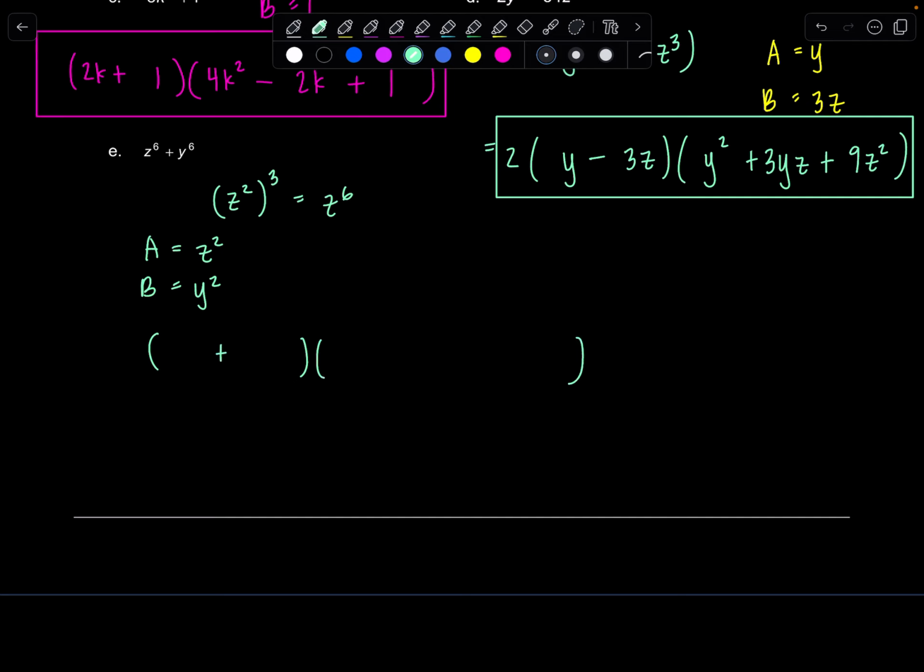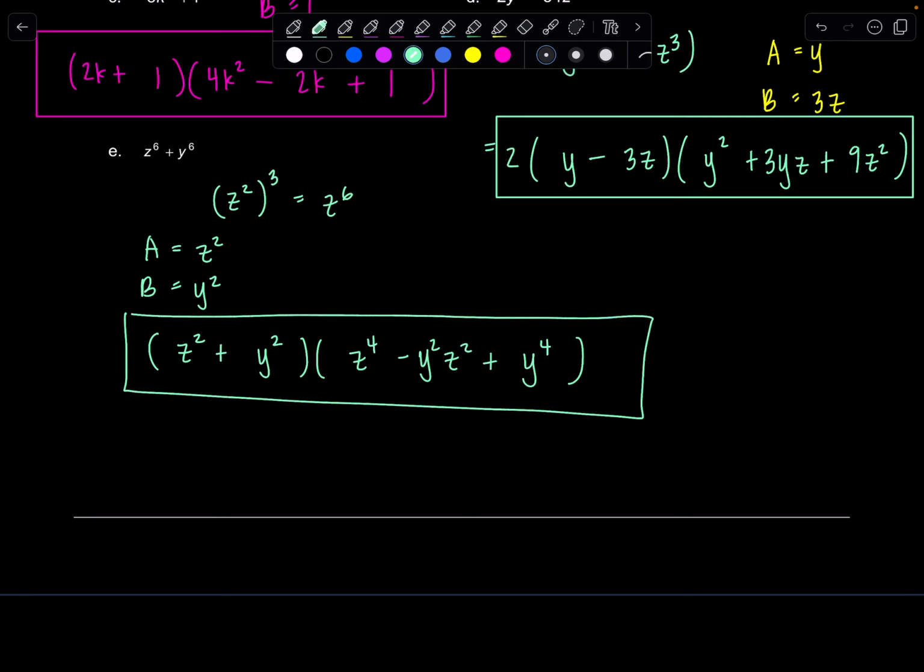So same, opposite, always positive. A squared, z squared squared is z to the 4th. ab, you could write z squared y squared, or y squared z squared. I said let's go alphabetical order, so let's do that. And then b squared would be y to the 4th. And we are done. Good?